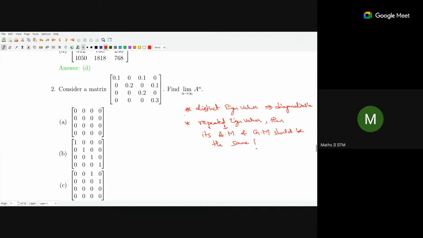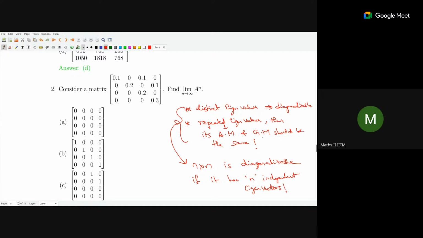So finally, if I have to combine these two: if a matrix of order n cross n is diagonalizable, it has n independent eigenvectors.